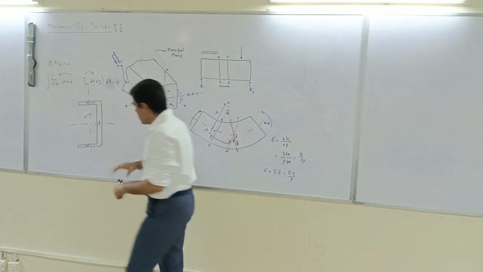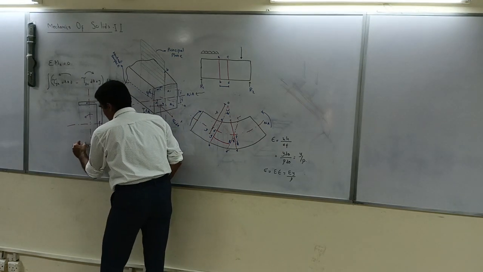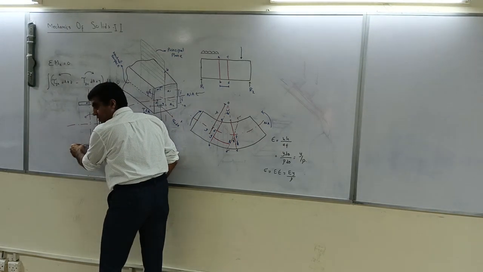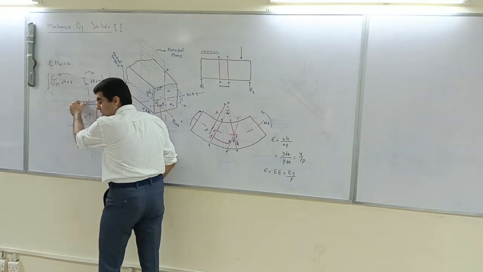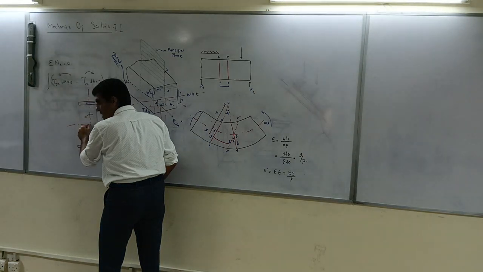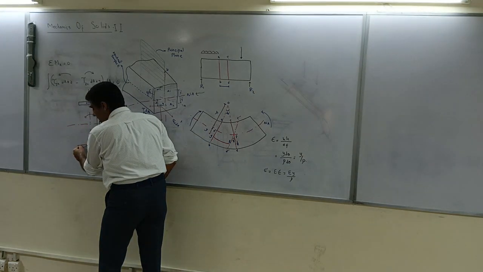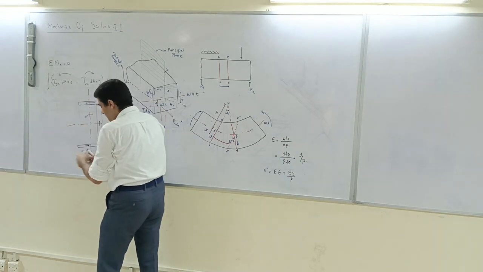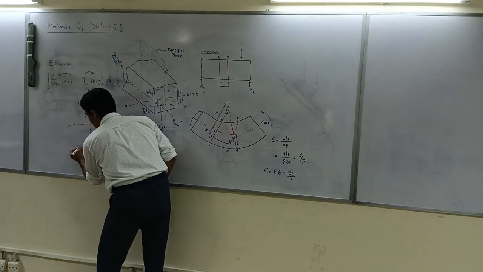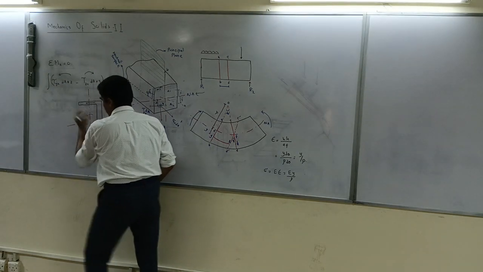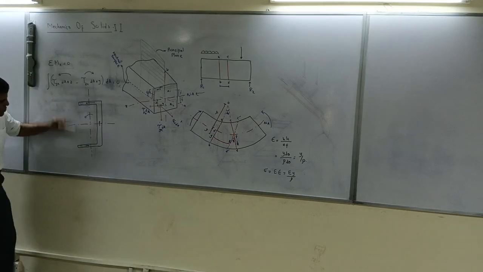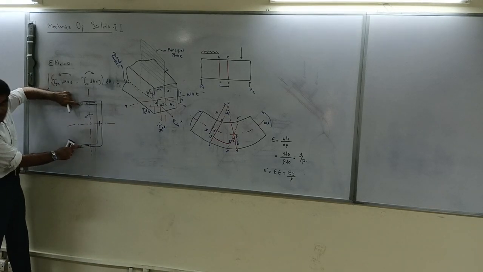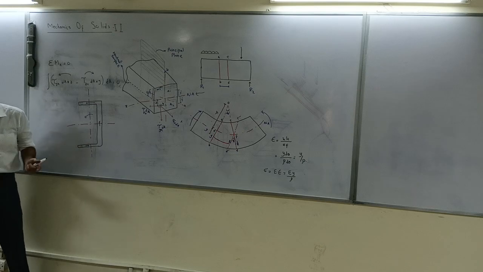Okay? Now look at this. You can have an element like this, you can have an element like this. This one will cause one moment about this point, and that will be counteracted by this one. You can have an element over here, an element over here, and these two elements can cancel out the effect of each other.